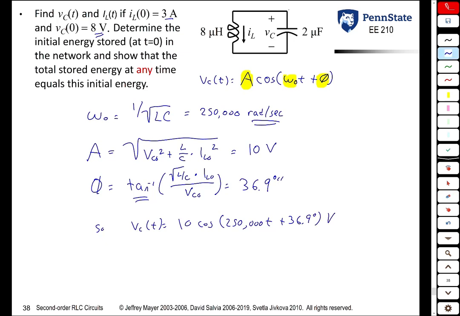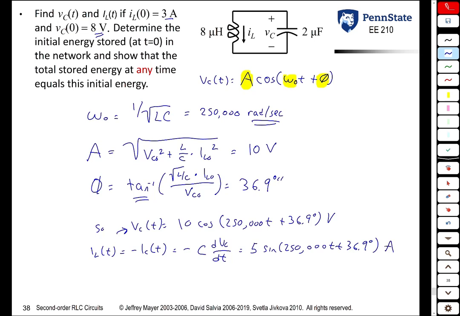To find the current through the inductor, we use the fact that the current through the inductor is negative the current through the capacitor, which in turn is equal to minus C times dVc/dt. So taking the derivative of the voltage expression and multiplying it by negative C, we get 5 sine(250,000 t + 36.9 degrees) amps.